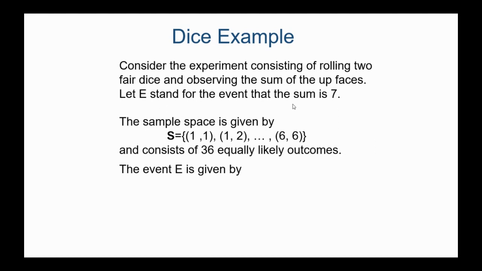That's right. So our event E is given by those 6 possibilities. In case you didn't know this, getting a sum of 7 is actually the most common sum when you roll a pair of dice. It's the only one that can be gotten 6 ways.